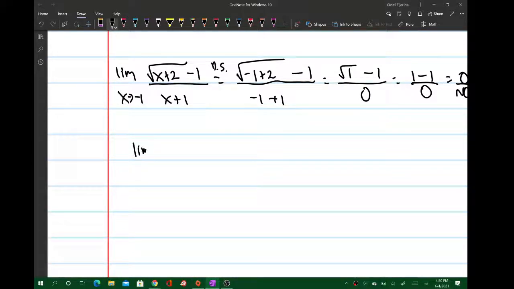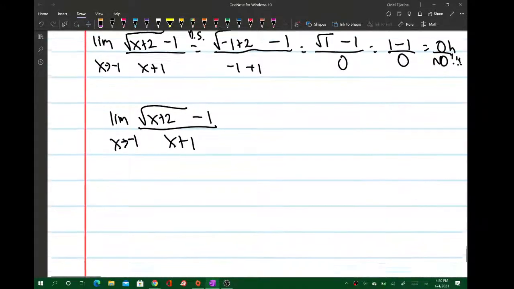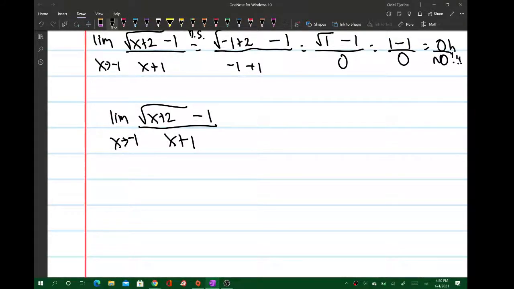So you're going to say the limit as x approaches negative 1 of the square root of x plus 2 minus 1 over x plus 1 equals, so it's going to be, you're going to grab this and multiply times the square root, and you're going to keep the square root the same, but the minus 1, you're going to do a plus 1, that's the conjugate, over.